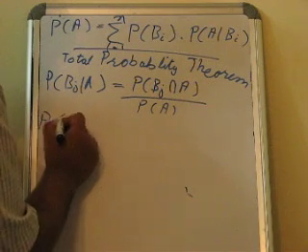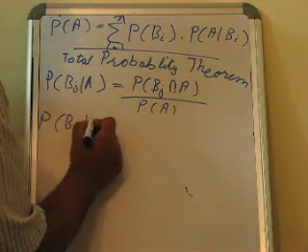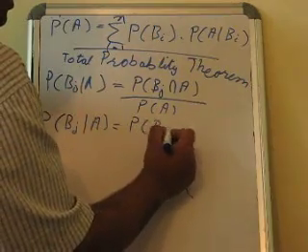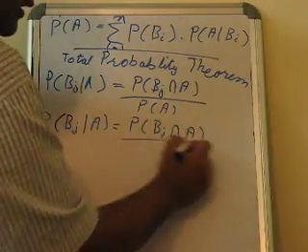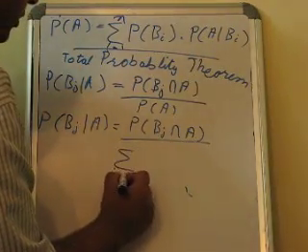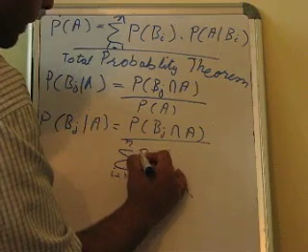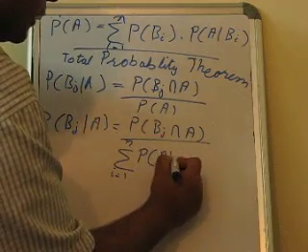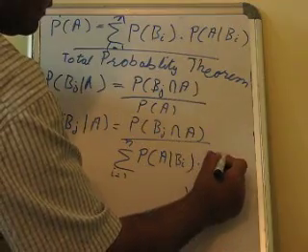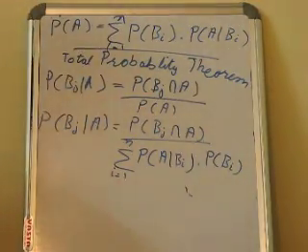So what you will get is P(Bj|A) is equal to P(Bj intersection A) divided by the summation, i equal to 1 to n, of P(A|Bi) P(Bi).